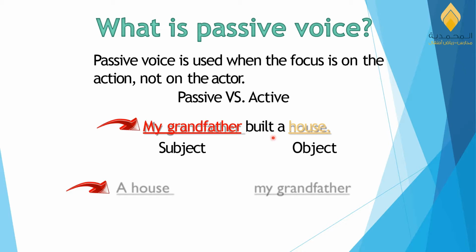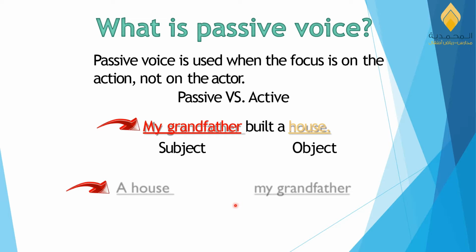It is in the past simple tense. Since it's in the past simple tense, I will take this verb and change it into verb 3. It's already, we know, build, built, built. Okay? And you put it here.